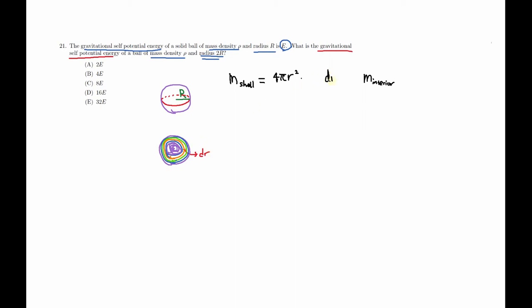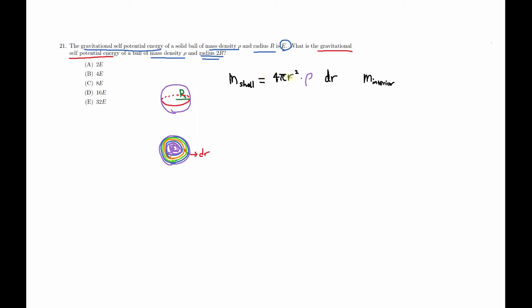So that gives me the area times the distance, which gives me the volume. But we're not interested in volume here. We are interested in the mass. So how do we convert the volume to mass? Well, you just have to use the ρ. We have mass per volume, and multiply by the volume, you get the mass.